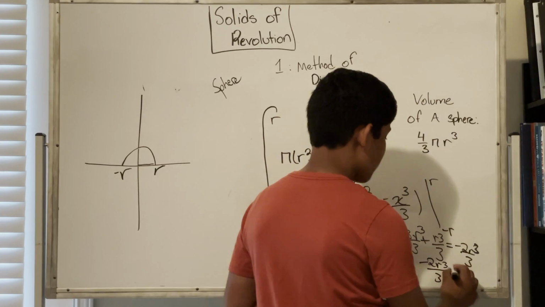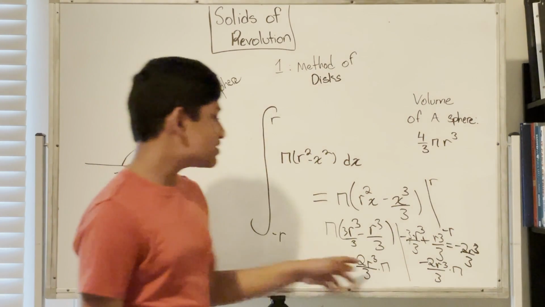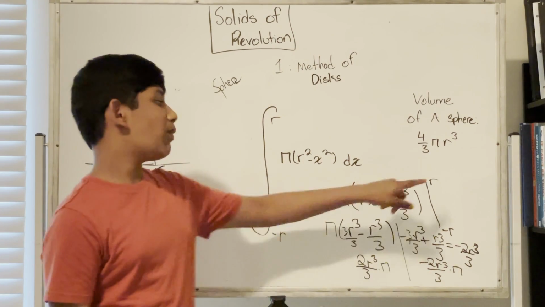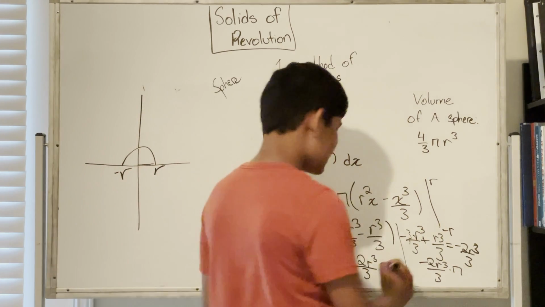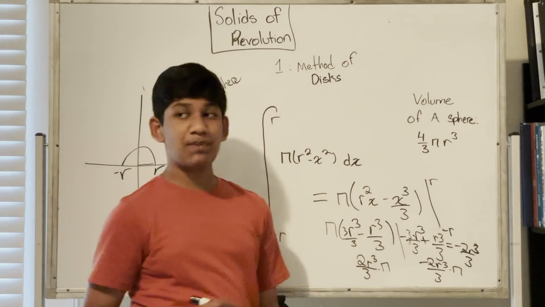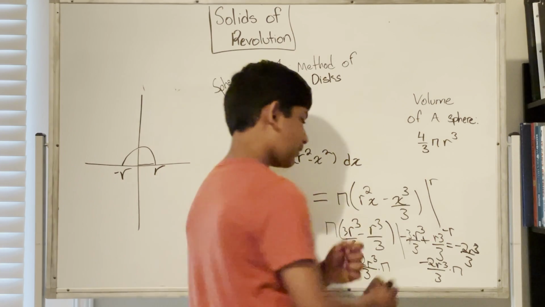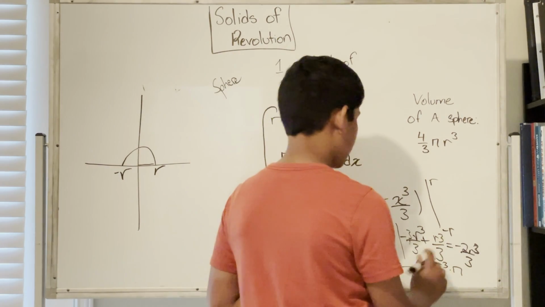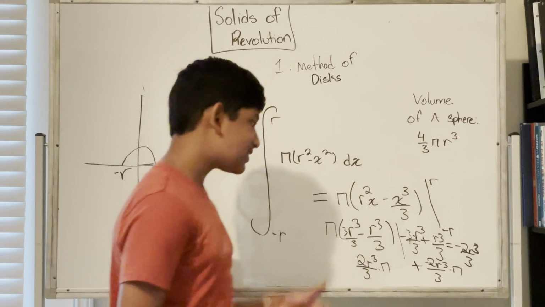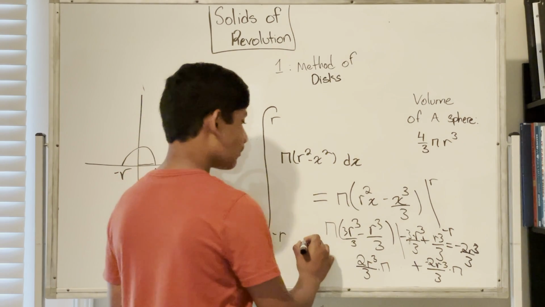So we have minus 2r cubed over 3 times pi. Now you may think, oh wait, these are just going to cancel. But there's one important step you have to realize: we have to subtract this. So we're going to have 2r cubed over 3 times pi minus minus 2r cubed over 3 times pi, which becomes a plus, and when you add them you get 4.